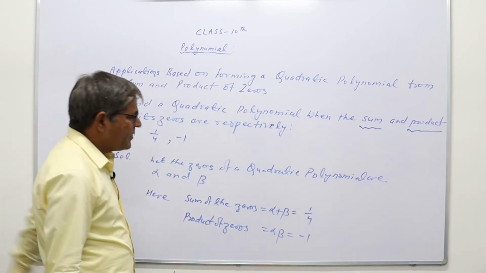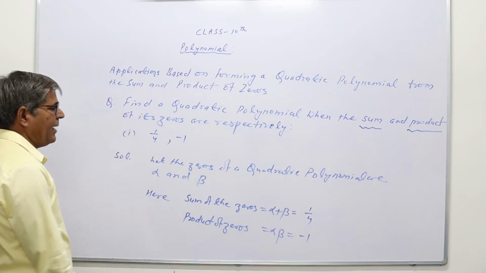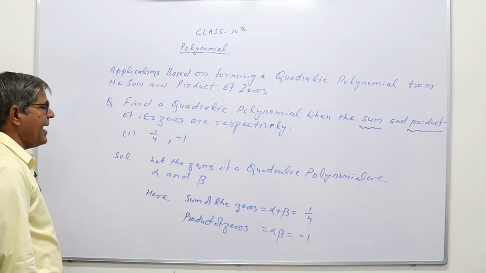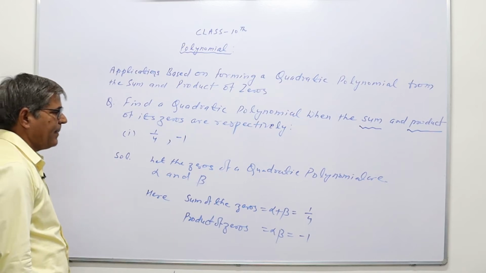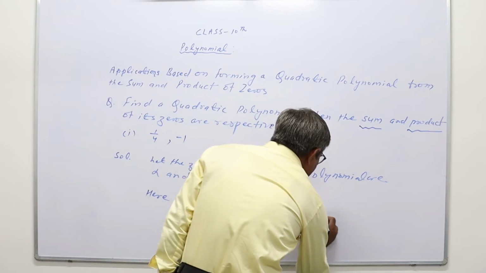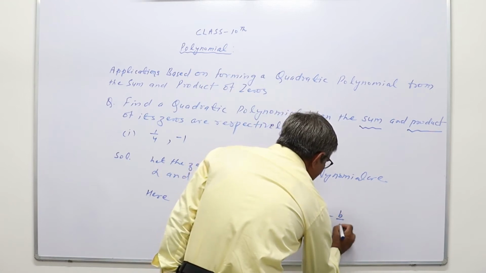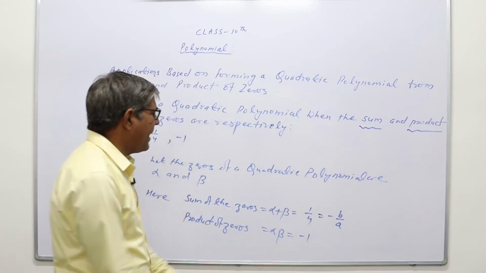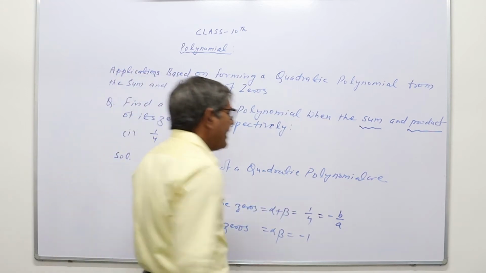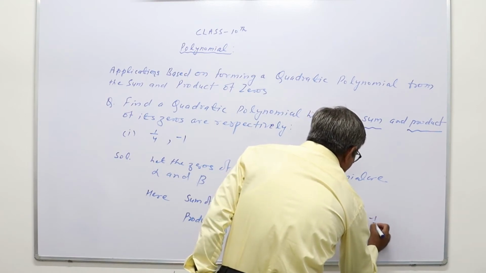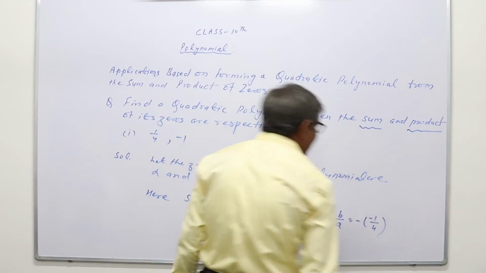Now, what is the sum of zeros of a quadratic polynomial? If the quadratic polynomial is ax square plus bx plus c, then alpha plus beta is equal to minus b by a. So we can write this minus b by a as minus of minus 1 upon 4.